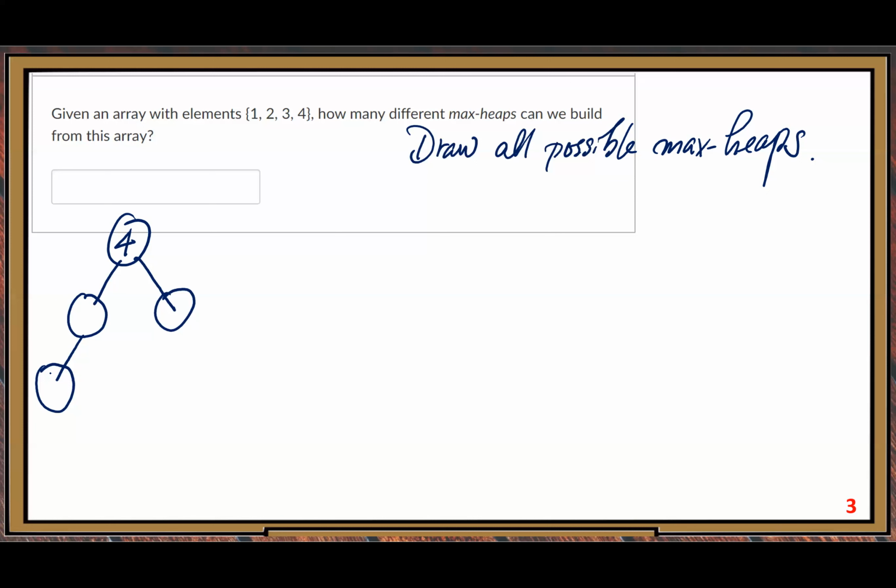All right, 3 cannot be here, because this number should be less than its parent number. 3 is the largest of the remaining 3 numbers, so 3 cannot be there. It's only 1 or 2. Two cases. So let's take the 1 case.